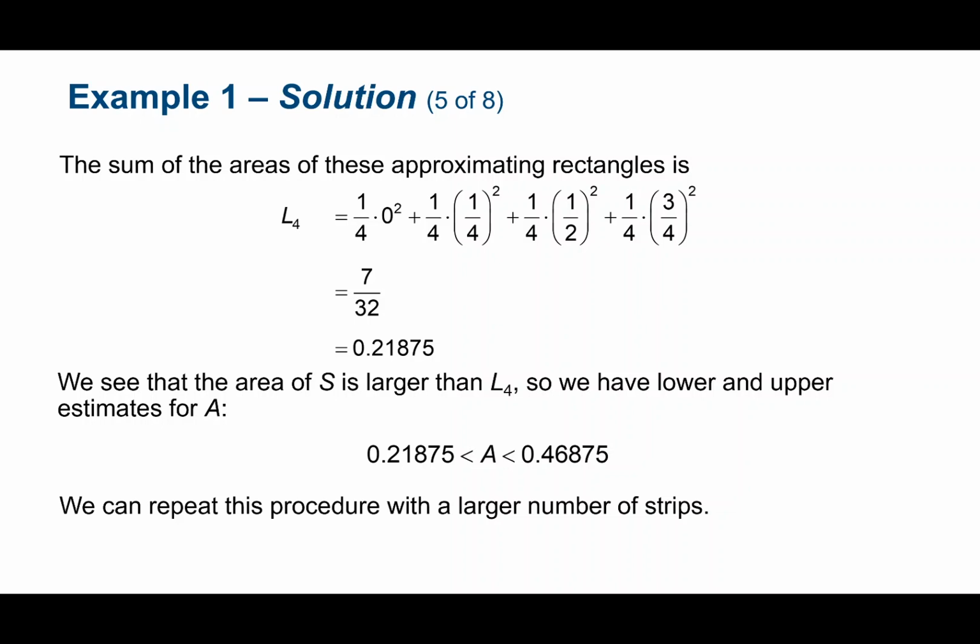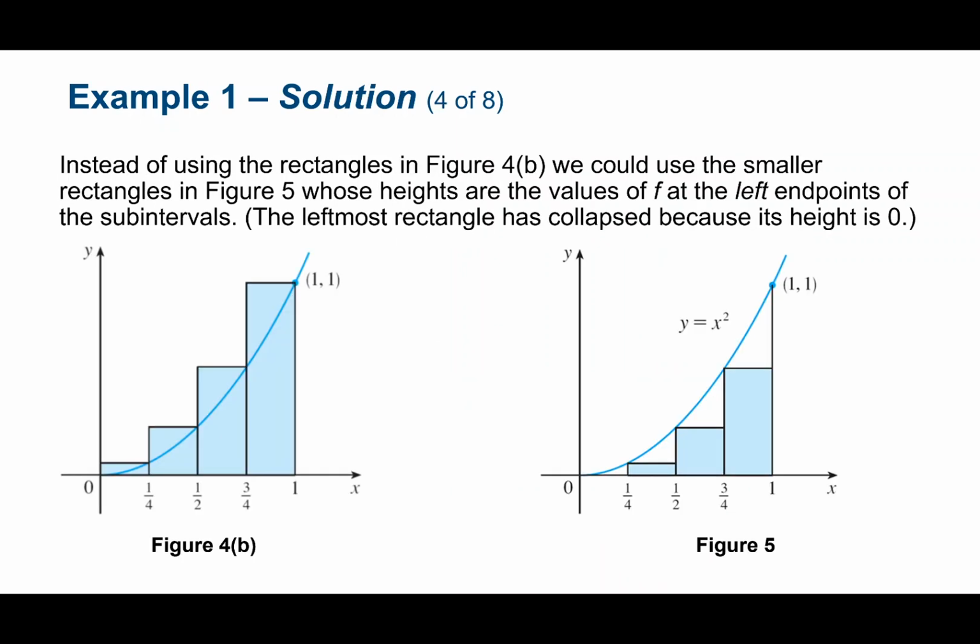But looking at the picture, we said we've got this much extra when we use the right endpoints. All that's overestimate. What's going on when we use the left endpoints on the curve? We've got the opposite situation. We're missing this part, and we're missing that part, and that part, and that part that we want included.